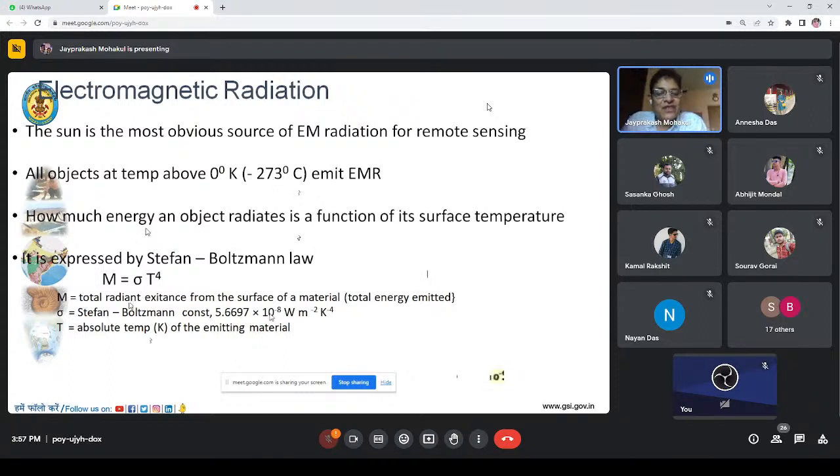The energy is expressed in terms of watt per square meter at a particular temperature. Temperature is expressed in Kelvin. Kelvin is a scale, like centigrade is a scale. Kelvin is also a scale.